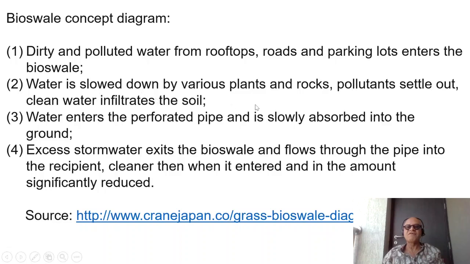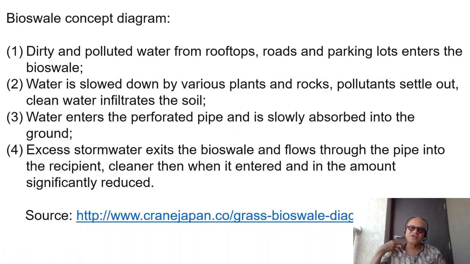Water is slowed down by various plants and rocks, and pollutants settle out. So the idea is to filter out the pollutants before they get into water bodies. Clean water infiltrates the soil, so you have to create a structure where you remove the pollutants and let the water soak in. Water enters the perforated pipe and is slowly absorbed into the ground.